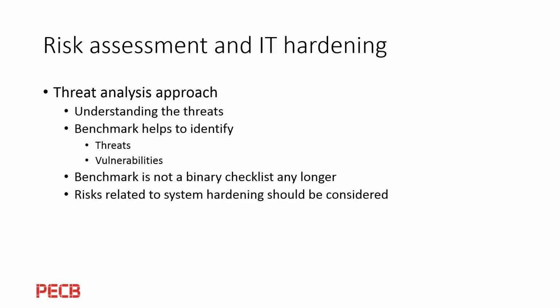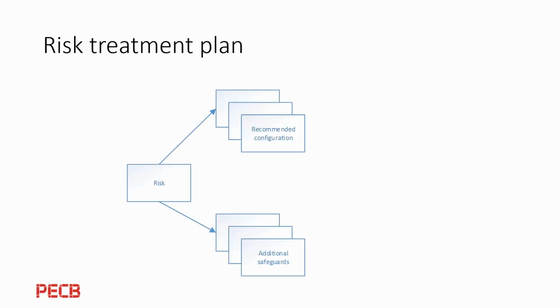So, based on this analysis, we are finding the requirements concerning the configuration of the IT system, configuration of the operating system, configuration of database, application server, and so on. Summing up, we are performing the risk assessment.